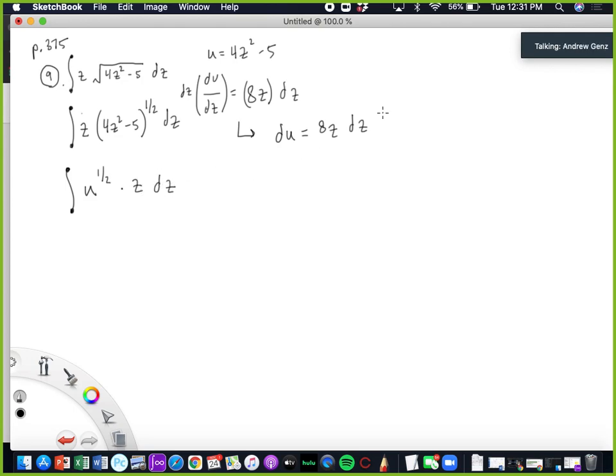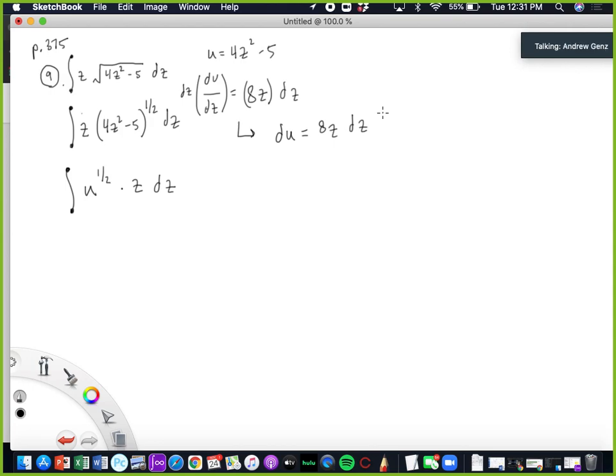All I did is recombine it. But right now I can't do anything with that because I'm integrating with respect to z and I've got another variable in there. I need this to be 8z, but I can't just manufacture an 8 out of nowhere, right?